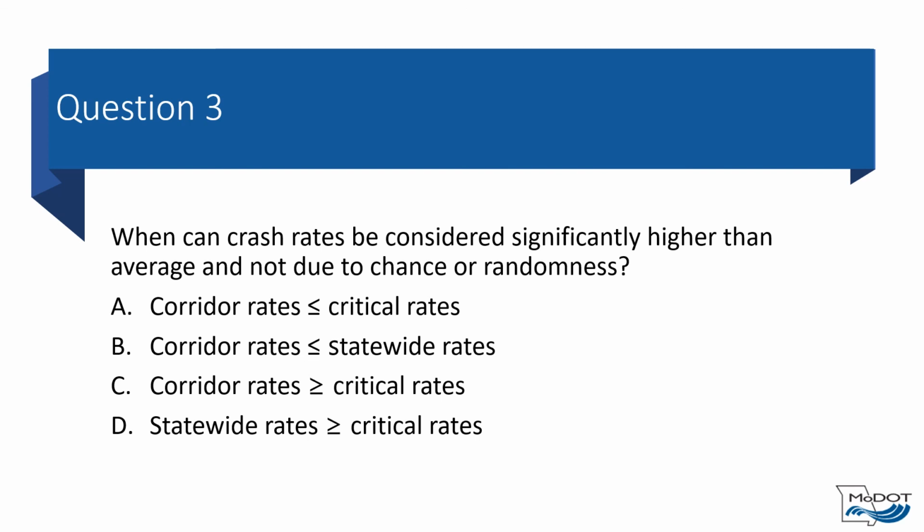C. Corridor rates greater than or equal to critical rates. Or D. Statewide rates greater than or equal to critical rates. The correct answer is C. When corridor rates are greater than or equal to critical rates.